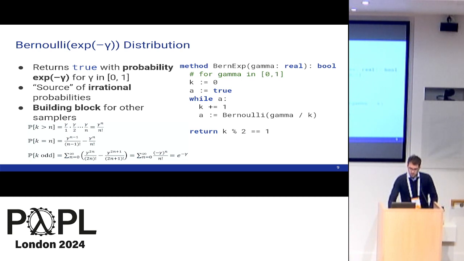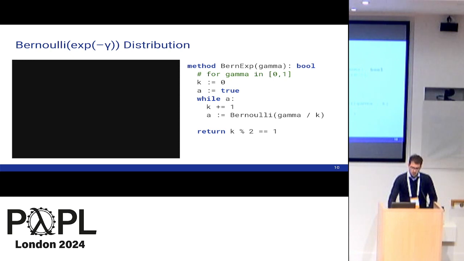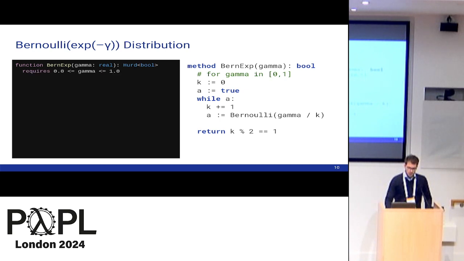All right, so how do we do this in Dafny'? Well, we have this function that returns random booleans. We can formulate this precondition on gamma as follows. And then we have this while loop, which operates on a state that is a pair of booleans and natural numbers. And the loop condition just says that the boolean should be true. Then what does the body do?